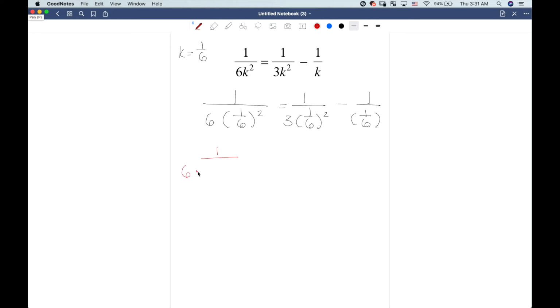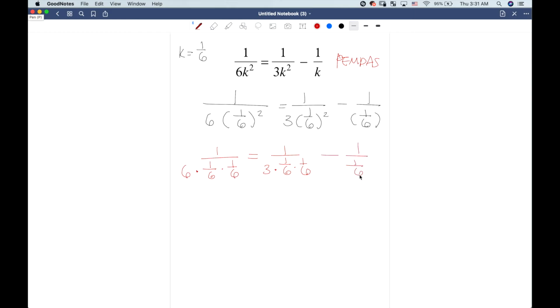So it's 6 times. Now please follow PEMDAS. Exponents first. 1 over 6 squared just means it multiplies itself. 3 times 1 over 6 squared just multiplies to itself, minus.